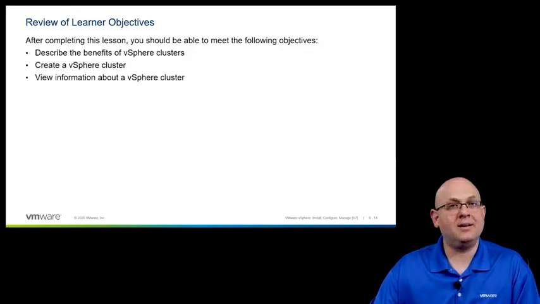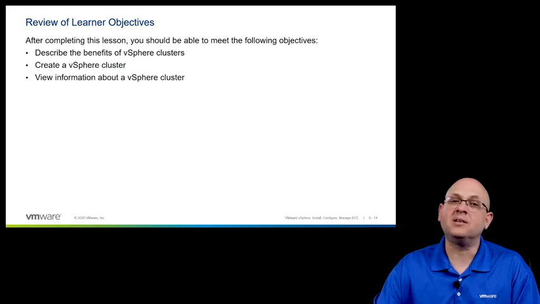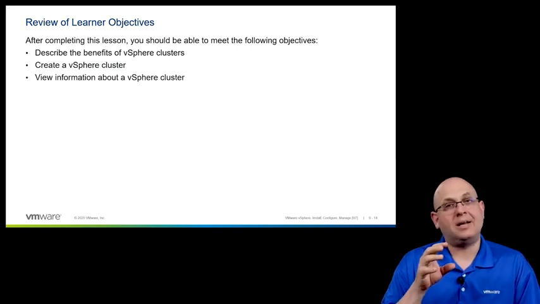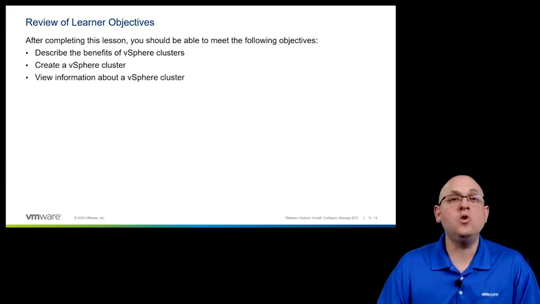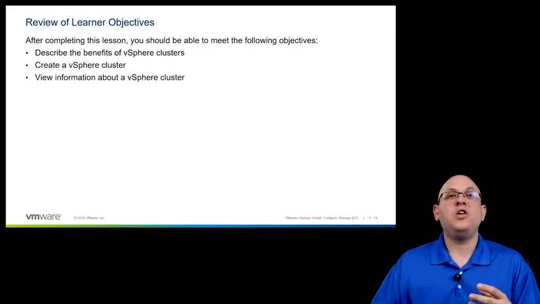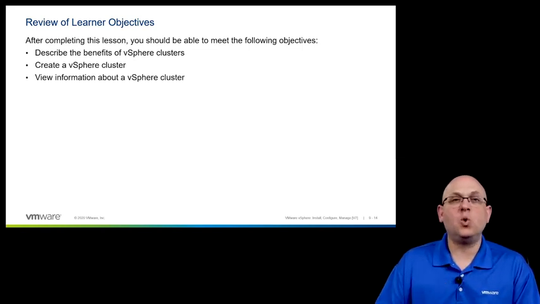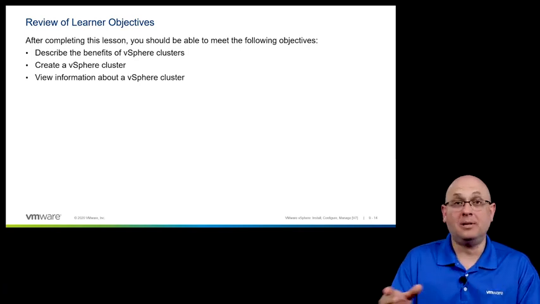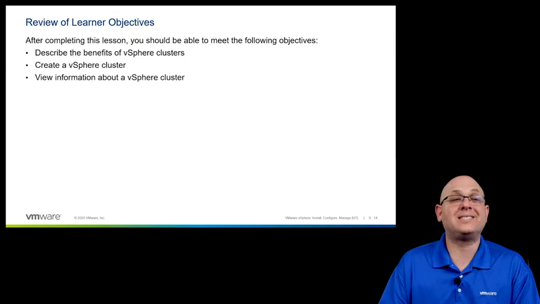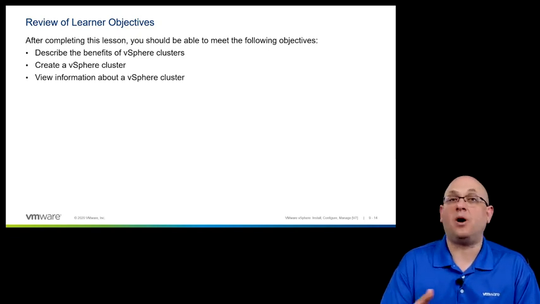One last thing to say, and this is a best practice, though not a technical requirement. When you create a cluster, you want to do as best you can to ensure that the hosts in the cluster are, if not absolutely identical, very similar to one another. They should be the same CPUs if at all possible.